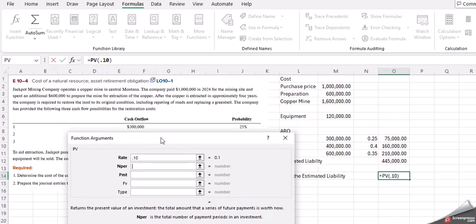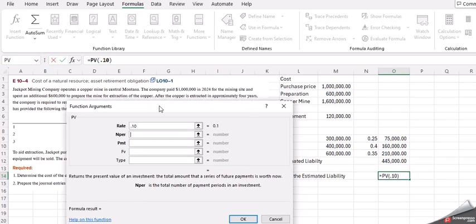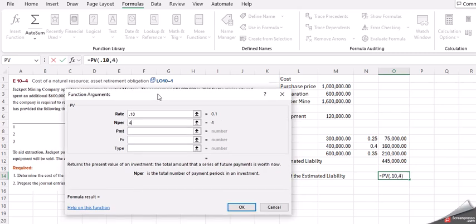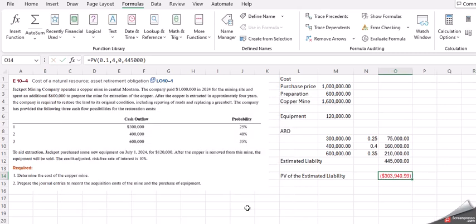They told us that in approximately 4 years, the company will be required to restore the land to its original position. No payments. And then our future value is going to be the $445,000 that we potentially are going to owe. And then our type is 0 because we're doing it at the end of the period. So then that is actually going to be the present value of our estimated liability.